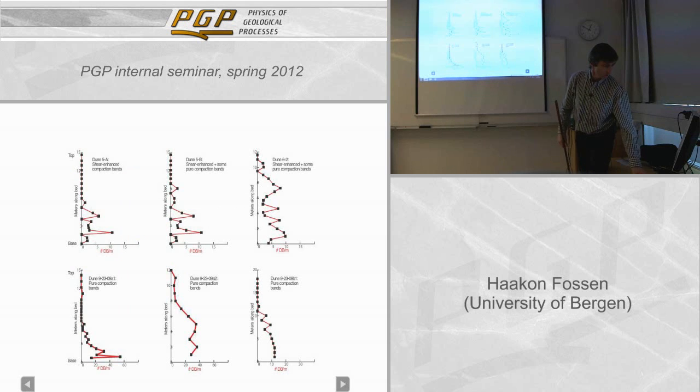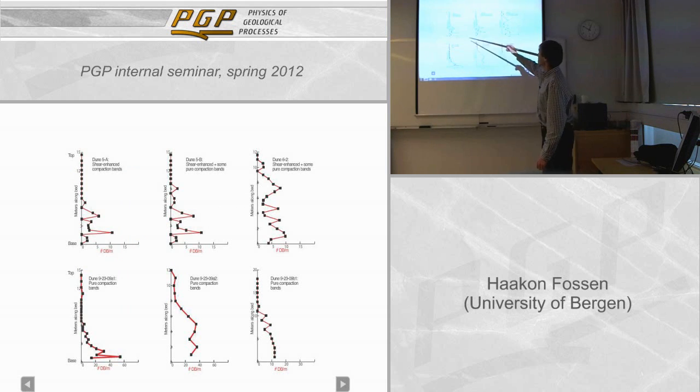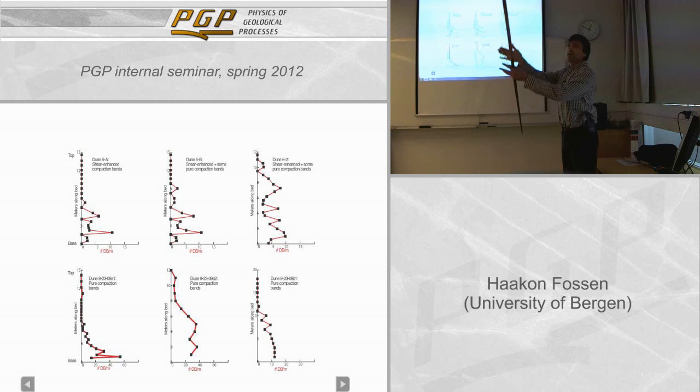I have another example of the same thing. These are all pure compaction bands. There's a little mix-up here. So density of deformation bands, and these have been measured not across, but along a single foreset, if you like, from the top of the dune to the base along the foreset. Same foreset, same bed.